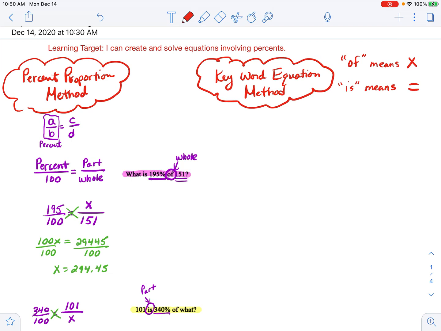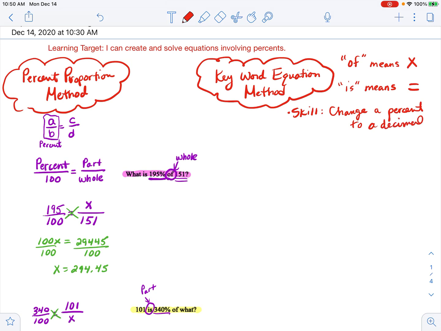What's nice about the keyword equation method is that the equation can be translated directly from the words, word for word, left to right. There is one skill that you need to know how to do in order to use this method. That skill is how to change a percent to a decimal. And well, there are two ways you can think about this.